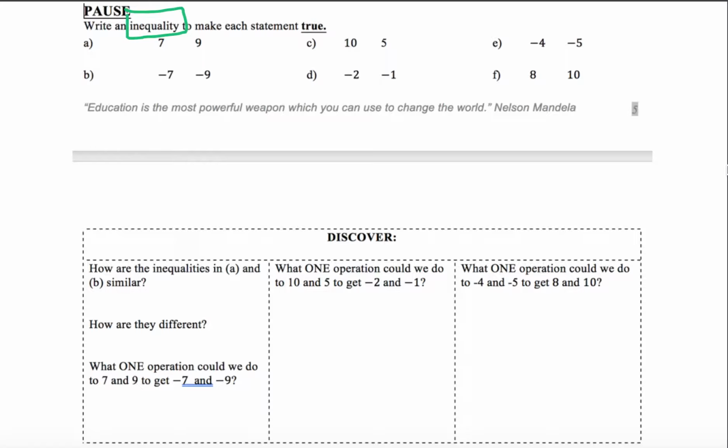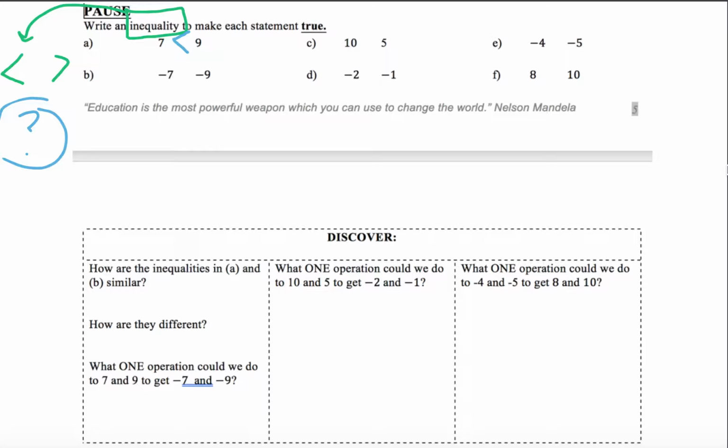Inequalities are less than, greater than, less than or equal to, greater than or equal to, but for this we'd like you to just use these 2 symbols. So in example A, 7 and 9, we should put is less than because 7 is less than 9. Take a moment and try the rest of these A, B, C, D, E, F on your own.